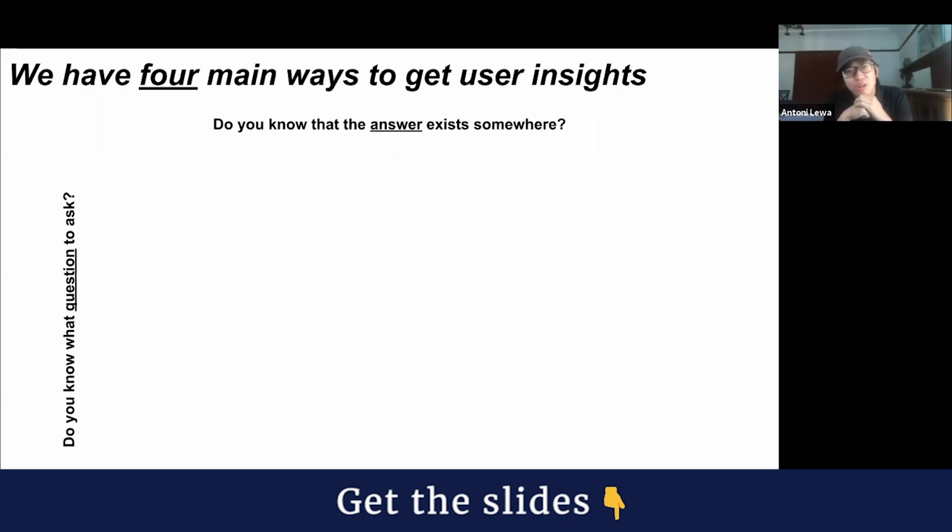And then, so how do we get the user insights, you might ask? I would argue that there are actually 4 main ways to do that. Probably you can ask a simple question to yourself: first, do you know what question to ask? And do you know whether the answer exists somewhere?